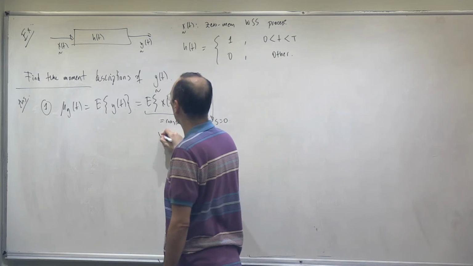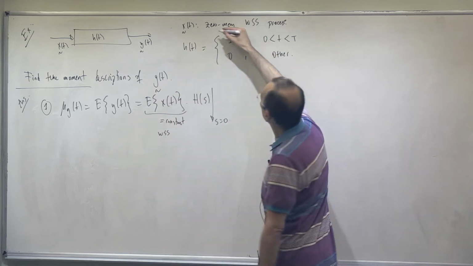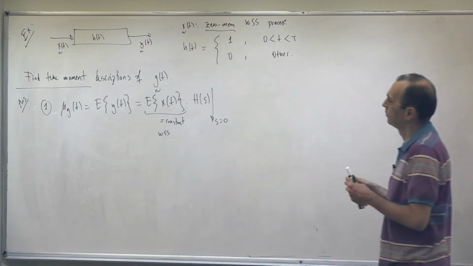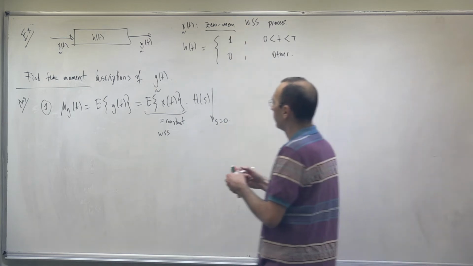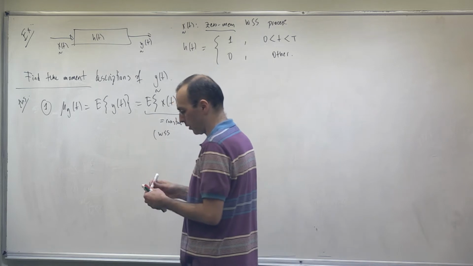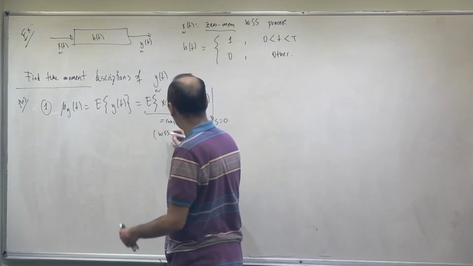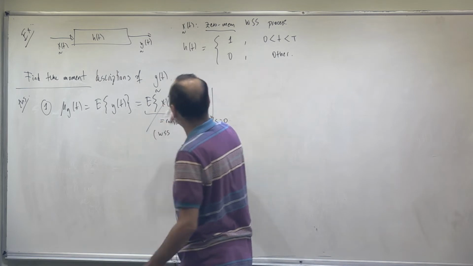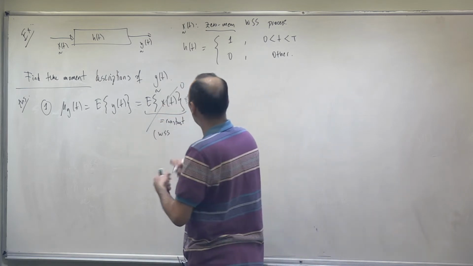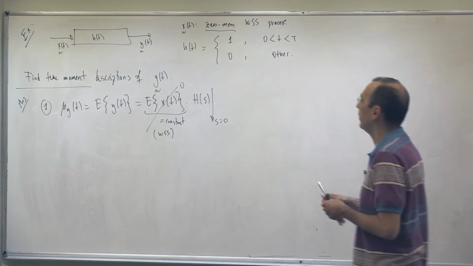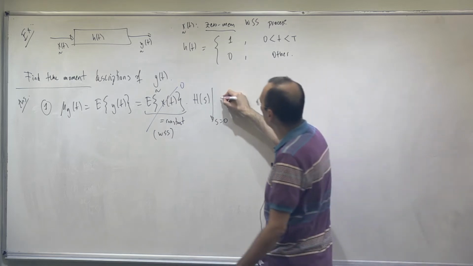Why is it constant? Because it's Weissan stationary. And that constant is actually 0. Since this is zero mean, the final result is equal to 0.